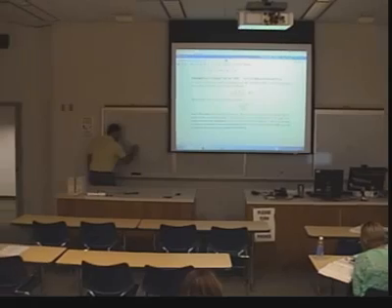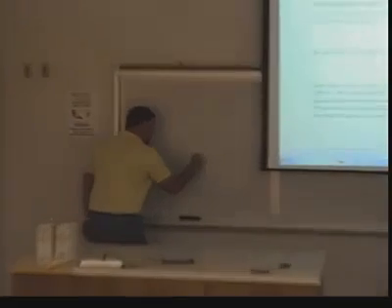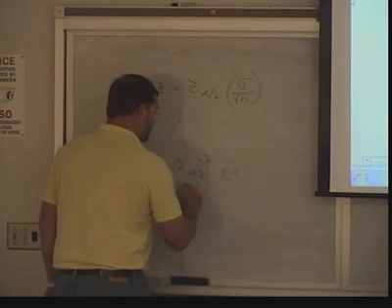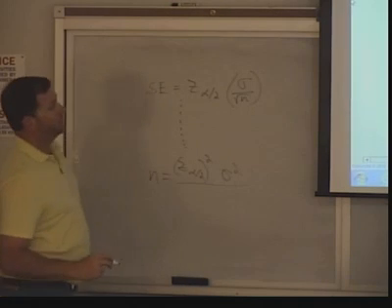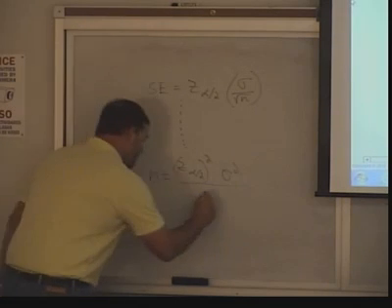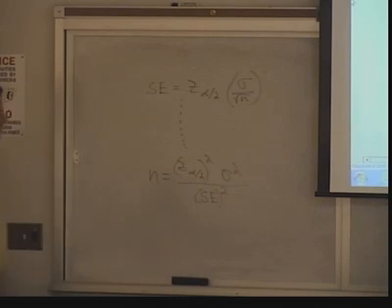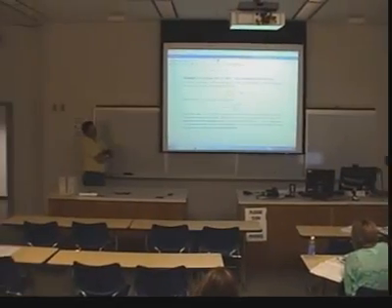If I wanted to solve this for n after a lot of work, you get to the point where n equals Z alpha over 2 squared, so my confidence coefficient squared, times sigma squared over SE squared. So this is in general. We did a specific example beforehand.